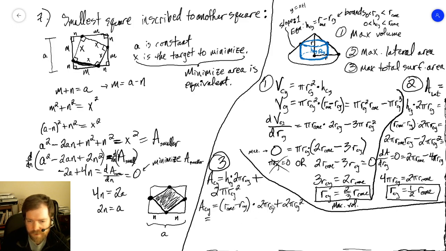So 2 pi r cylinder multiplies into 2 pi r cylinder r cone minus 2 pi r cylinder squared, and then plus 2 pi r cylinder squared. Okay. So these two terms are 0. Works for me. Alright, so those are out.